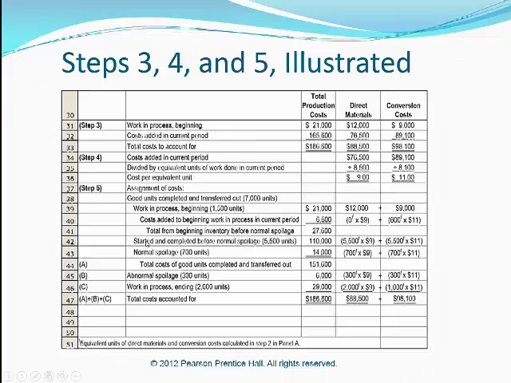We do need to go ahead and continue with our good units completed. We had a total of 7,000. 1,500 of them came from beginning. Therefore, we've got those remaining, or excuse me, 5,500 units, sorry. 5,500 units. And again, they were started in this period and they were completed in this period.